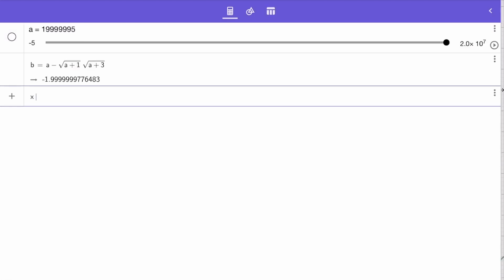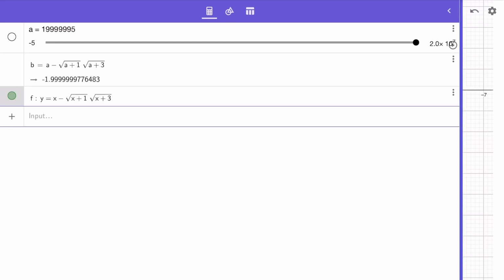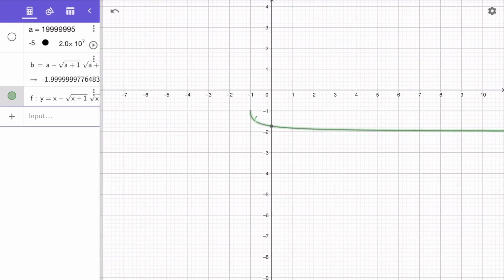For example, you can type that x to be equal to, I don't know, 1, or let's type a function. y is going to be equal to x minus square root of x plus 1 times square root of x plus 3. So we can see here the graph of this function, and this is the value of the function, right?